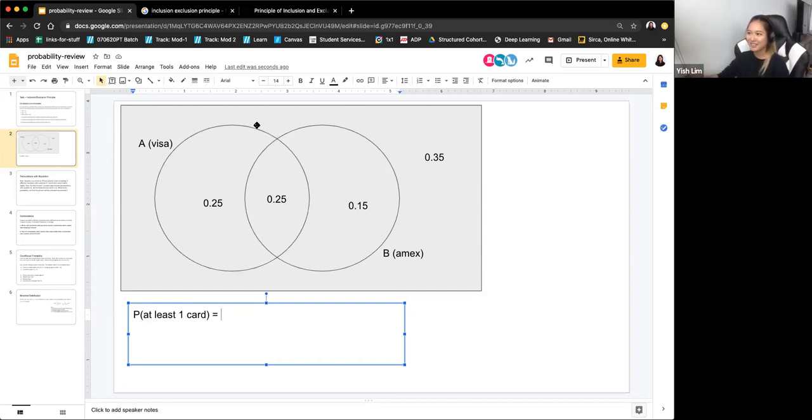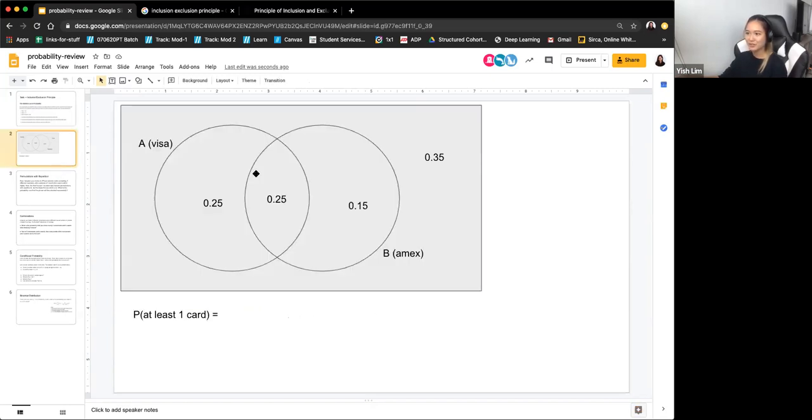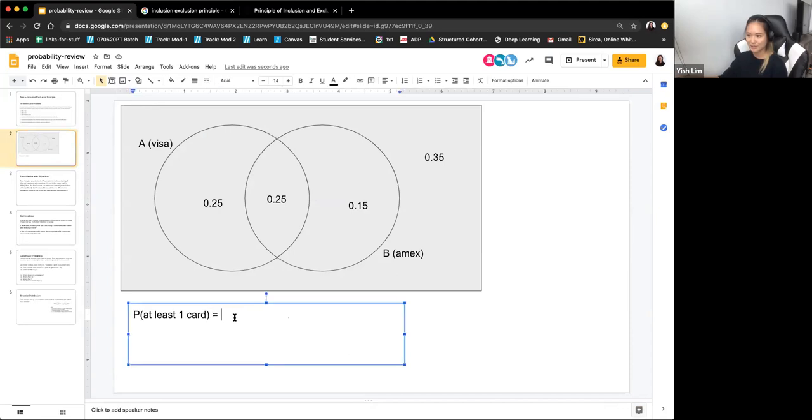It's just this area, right? Everything that isn't neither. So in this case, I'm going to assume that in this sample, in this world of whatever this world is taken from, there are only Visas and Amex because they don't really mention any other credit cards. So at least one credit card, we're going to assume that this 0.35 means no credit cards.